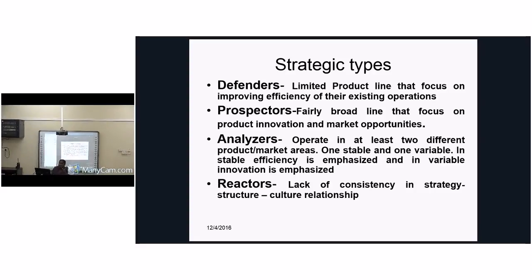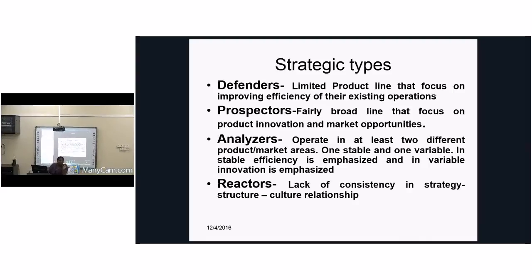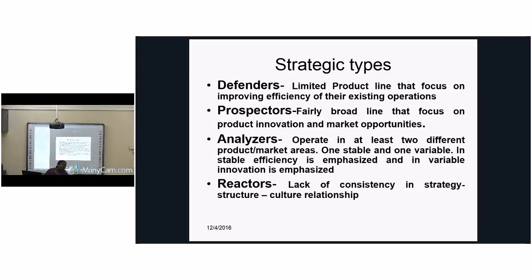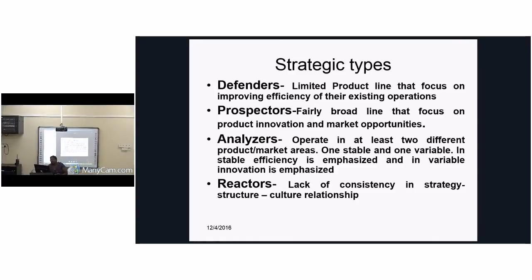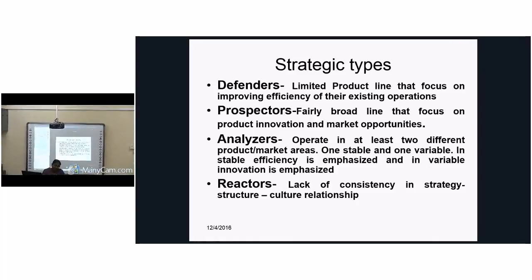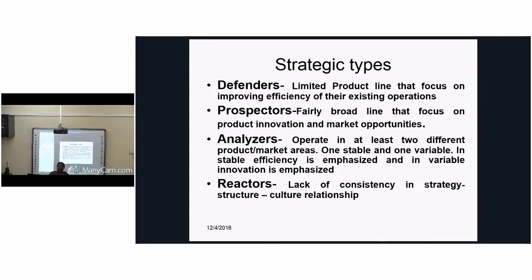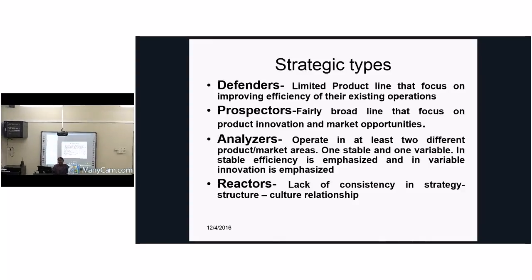They every time engage in innovation and looking at market opportunities. Limited product line companies look only at efficiency. But broader product line companies look at innovations and at the possibilities of making their product line broader through their innovations.